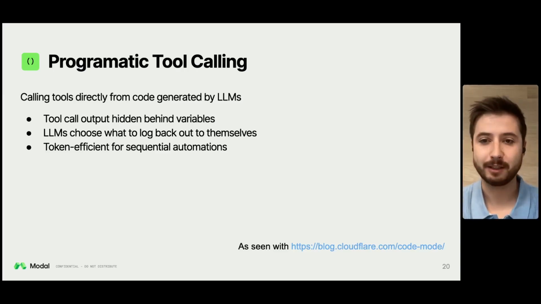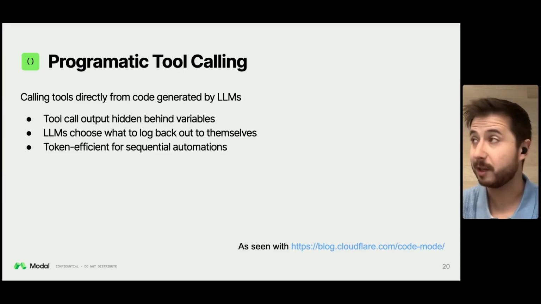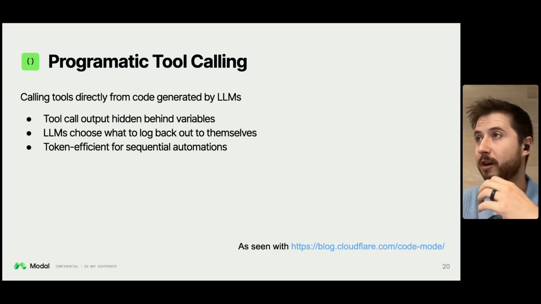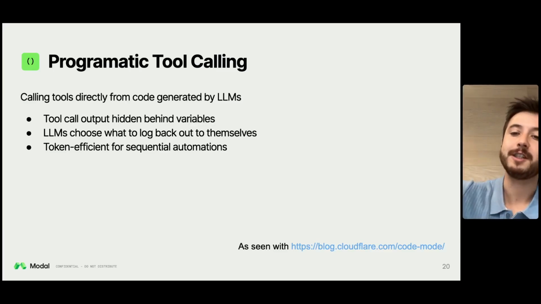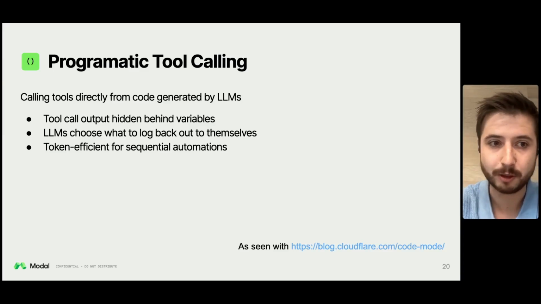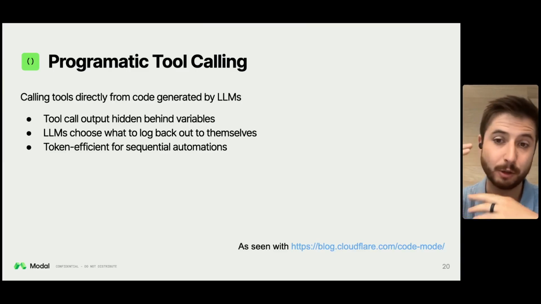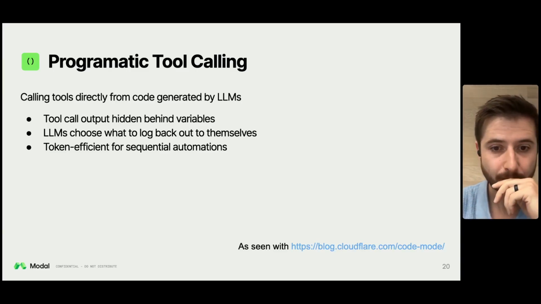They're not immediately disclosed to the model. The model could choose to print those variables and see them. But if a piece of tool call output is only necessary to feed into the next tool calls, then you don't need to have the model see it. So programmatic tool calling allows chaining these things together and only seeing what's necessary.